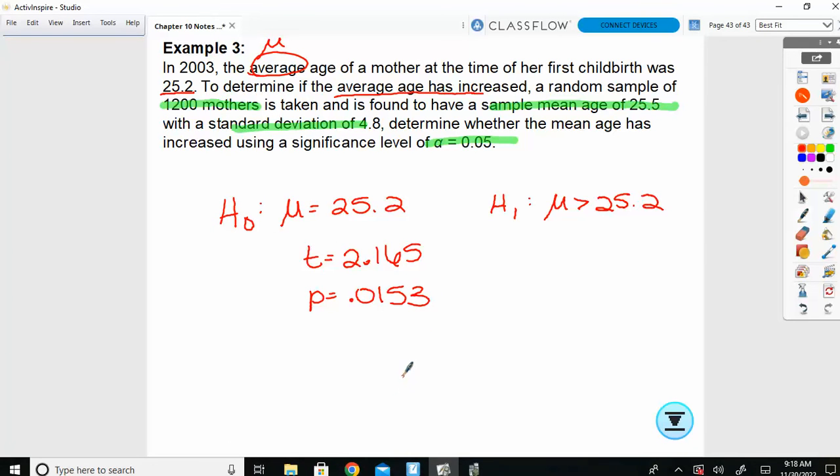All right, when we're doing it on the calculator, how do we know if we reject or not? If your probability is smaller than alpha, you reject. Okay, so when I look, my probability, 0.0153, is less than alpha. So we reject the null hypothesis.